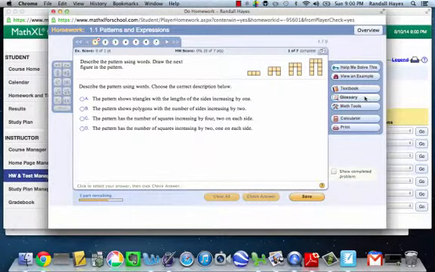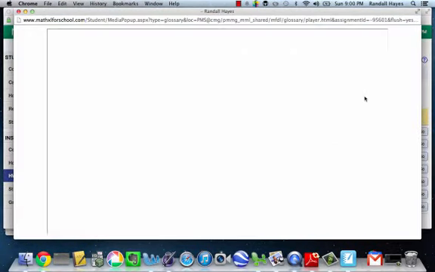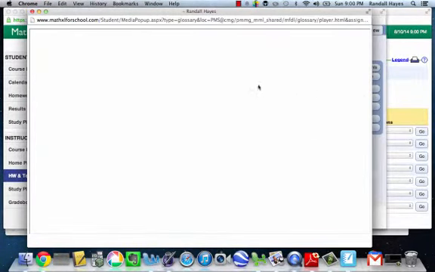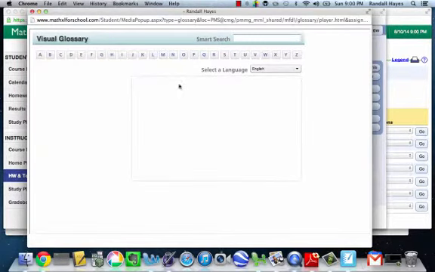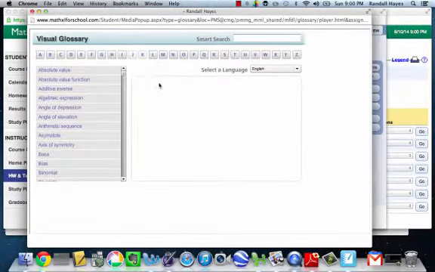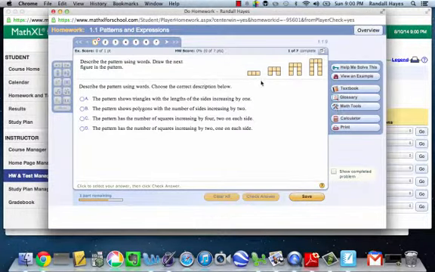If I needed a glossary item, something that I wasn't familiar with, I could click on that. You could type in a word or something that you're looking for and it would tell you about it.